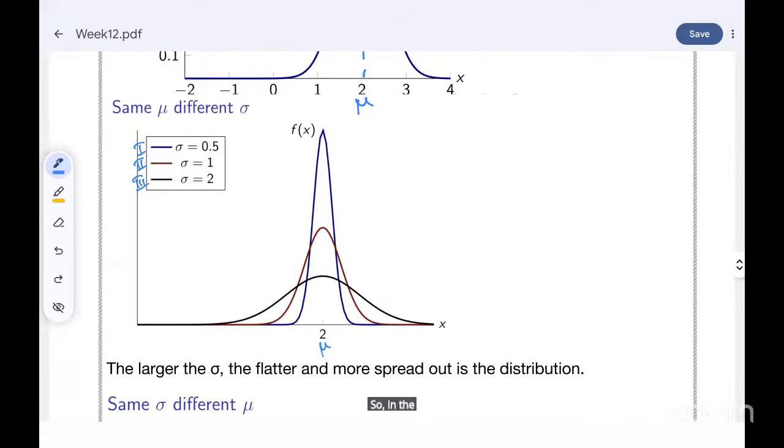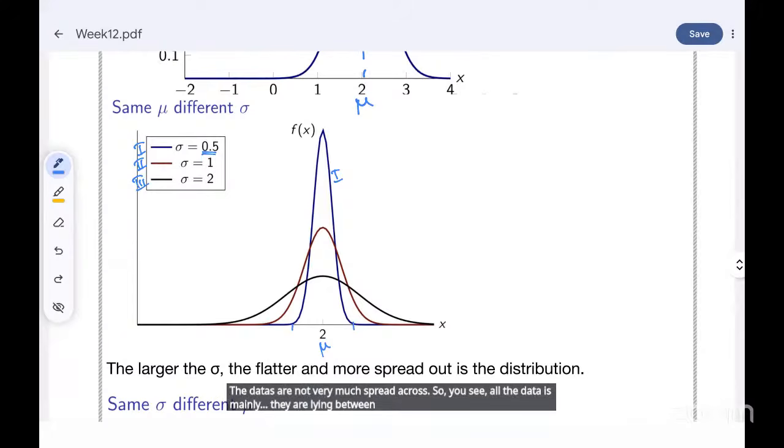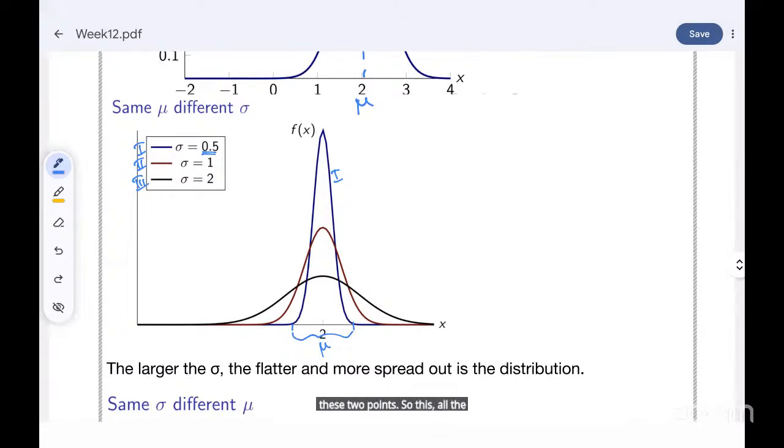In the first one, there is not much deviation. The data are not very spread across. Most of the data points lie between this small interval.